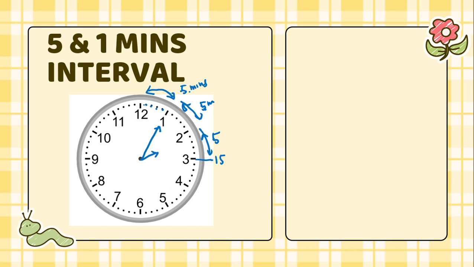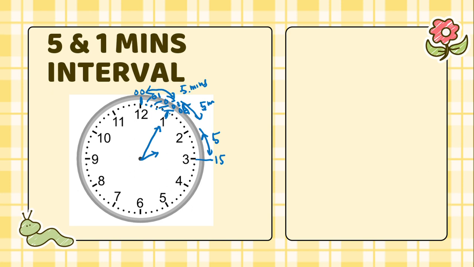So start from 12, 12 is 0, 0, so from 12 it will become 0, 1. After that, the second dot will be 0, 2, third dot will be 0, 3, fourth dot is 0, 4, and the bold bar here is 5 minutes.